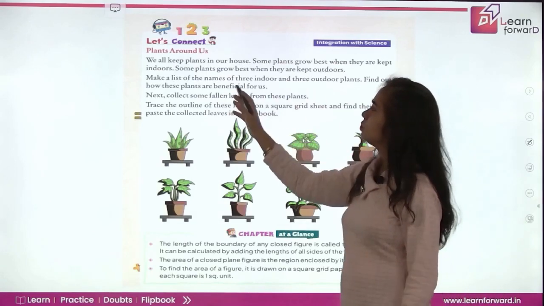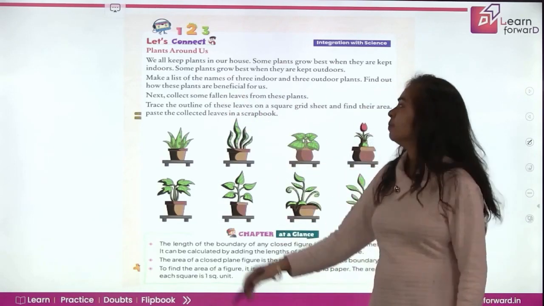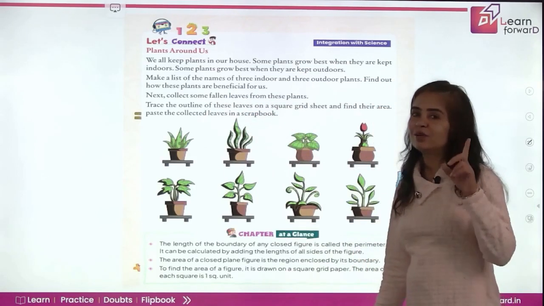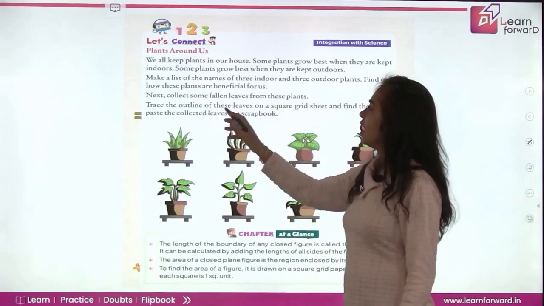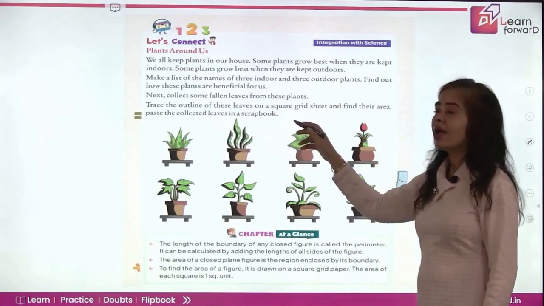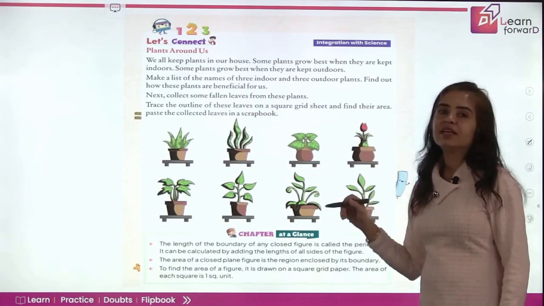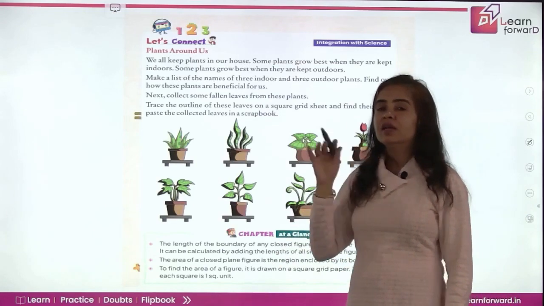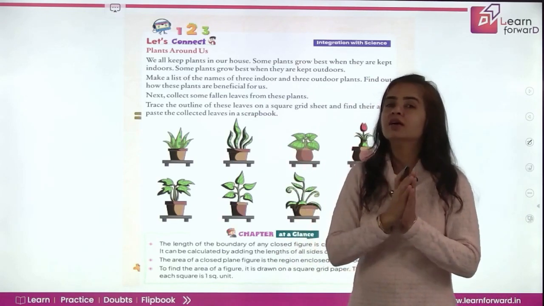Find out how these plants are beneficial for us. And next, collect some fallen leaves from these plants. Don't pluck them, children. Trace the outline of these leaves on a square grid sheet and find their area, just like we have done in the question before. The leaves were drawn. Now you will be just picking up the fallen leaves.